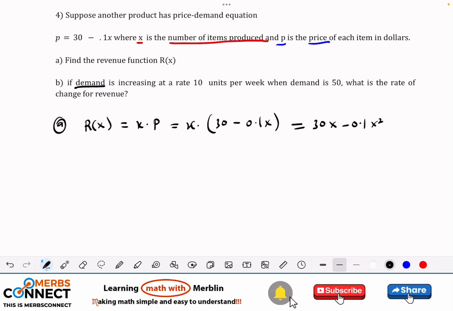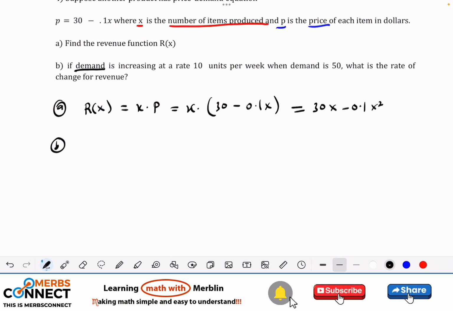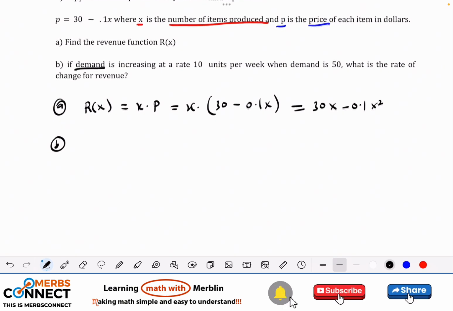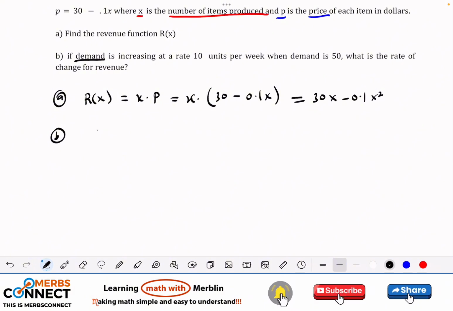So it means that now X is changing, because we are talking about a change, right? So let me write it here. If the demand is increasing per week, then dx over dt should be equal to 10, and then X is equal to 50.